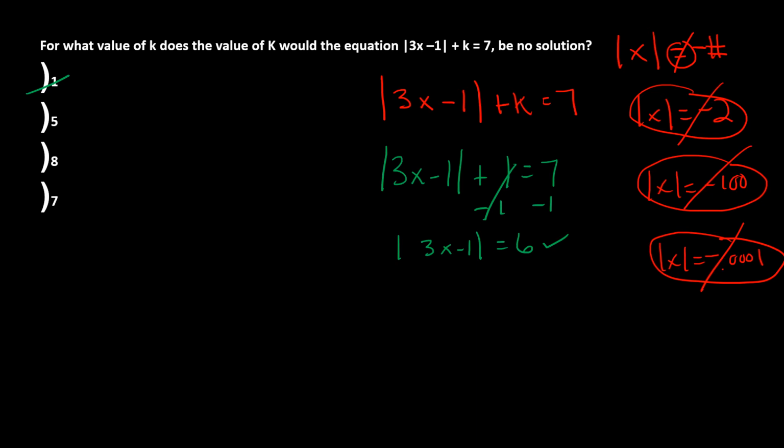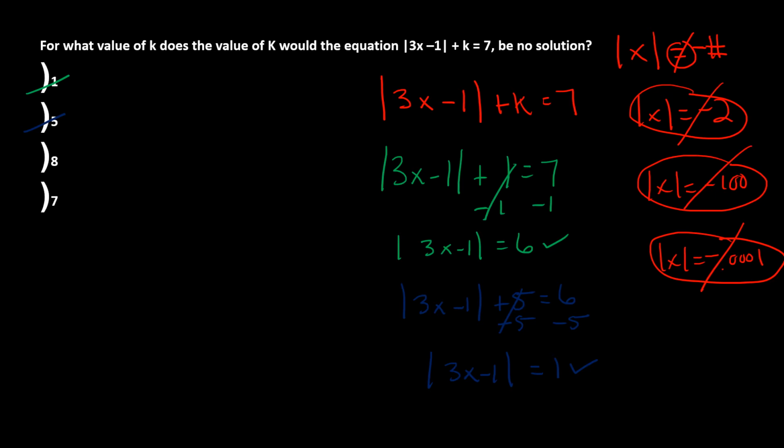Let's try another one: the absolute value of 3x minus 1 plus 5 equals 7. I'll subtract 5 from both sides, so I get the absolute value of 3x minus 1 equals 2. Well, I can solve that. You guys know how to do that. So that will give me a solution.